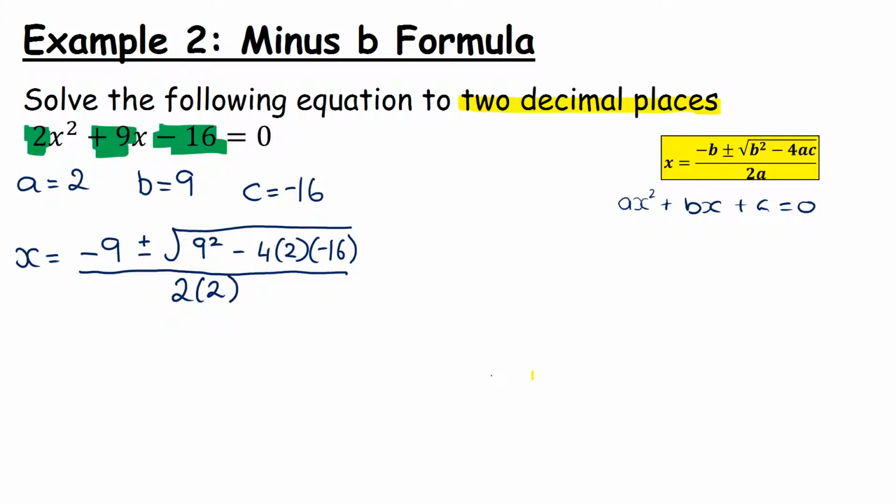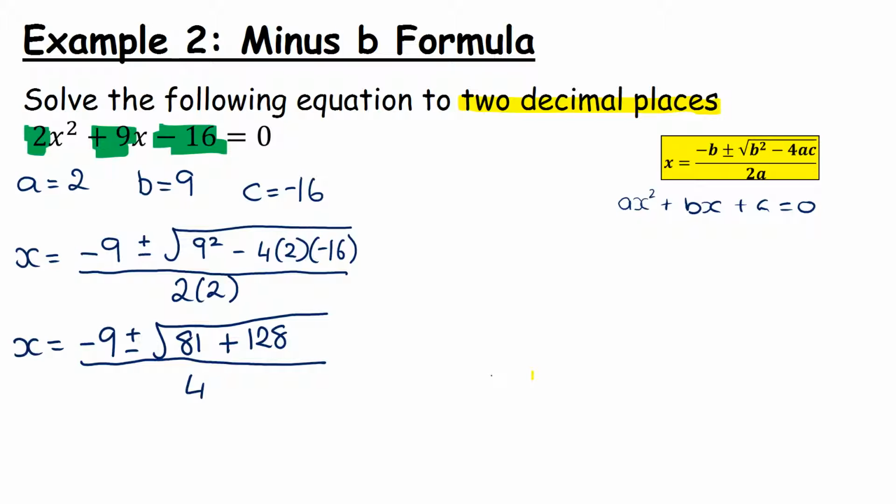So let's clean that up. So we have x equals -9 plus or minus the square root of 81. Now 9 squared is 81, and minus 4 by 2 is 8, so -8 by -16 will give me a +128, and that's going to be all over 4.